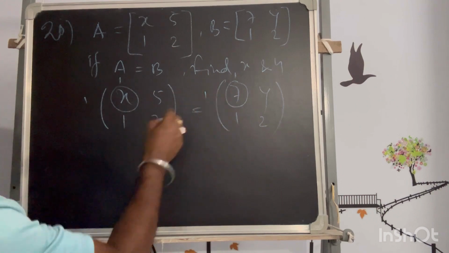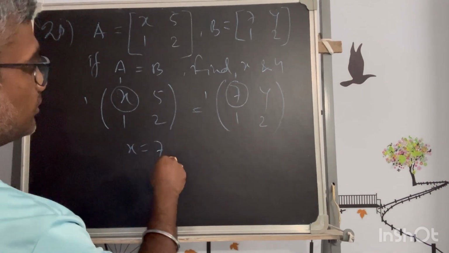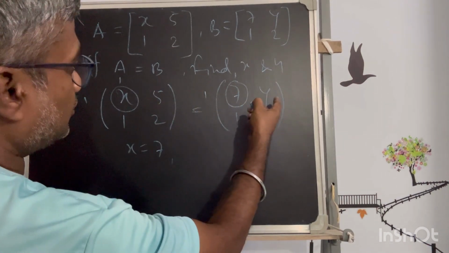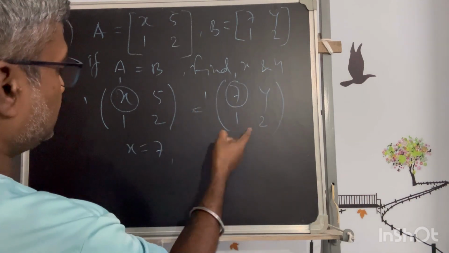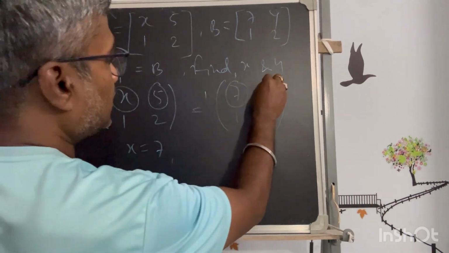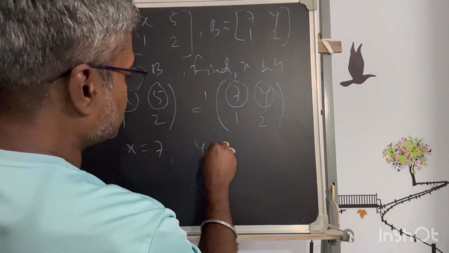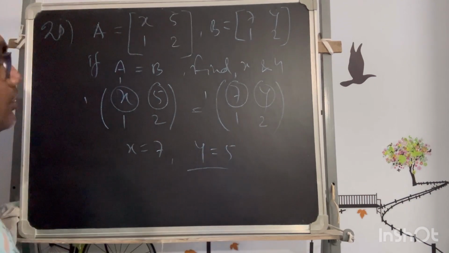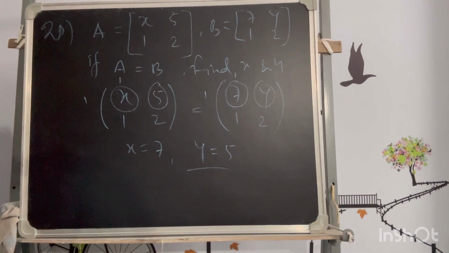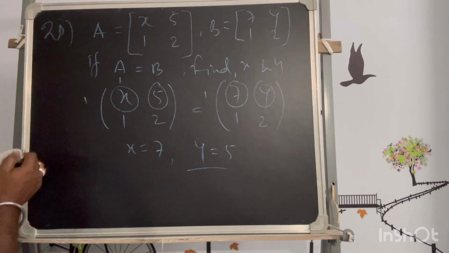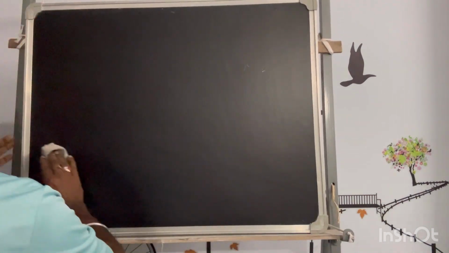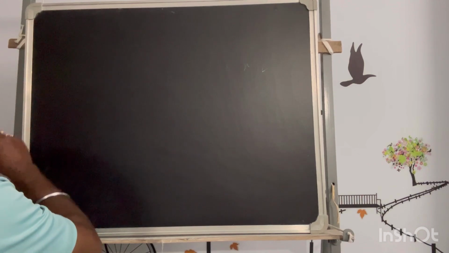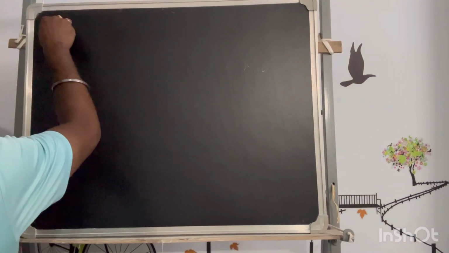So X is straightforward, you can say 7. Now we are only looking for X and Y, so we will not talk about where it is the same. This also has to be the same with this, so Y is equal to 5. Then only A is equal to B. This is the simplest concept, but it will be useful when we solve matrix equations with variables. So we'll move on to 21.